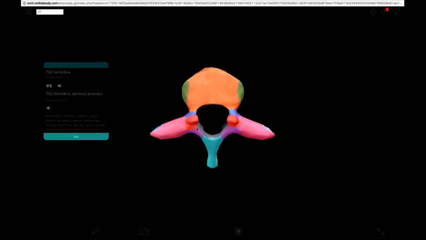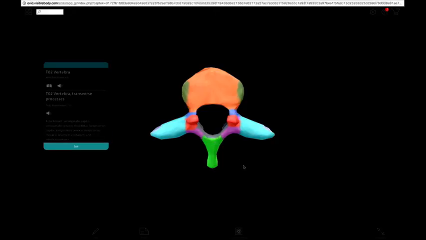The pedicles, the lamina, and the spinous process help to show that there is actually a hole here. This is known as the vertebral foramen. However, if we line up multiple vertebral foramen, then we end up with what's known as the vertebral canal. And obviously, one of the things that are found within the vertebral canal is going to be the spinal cord.